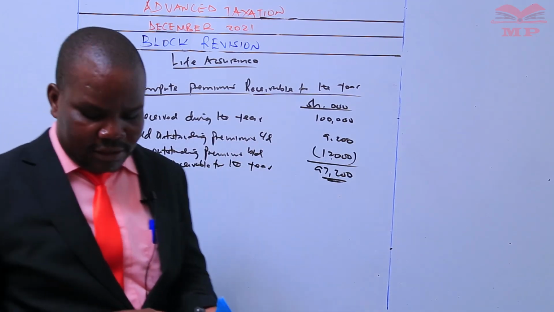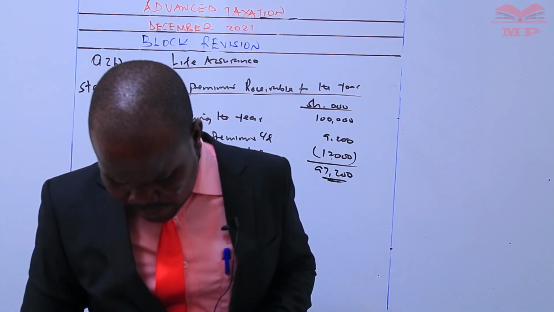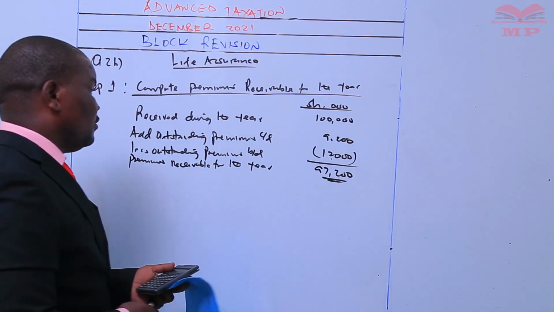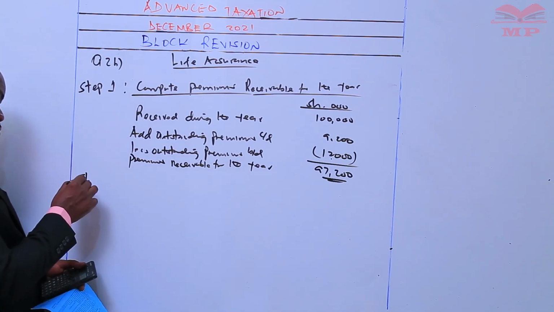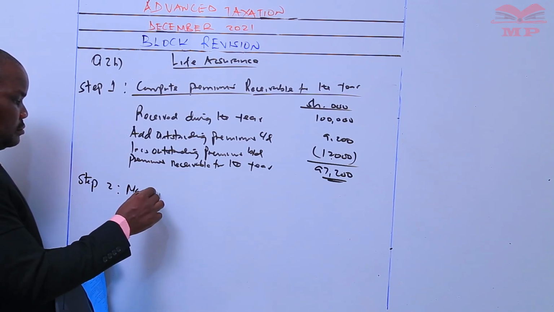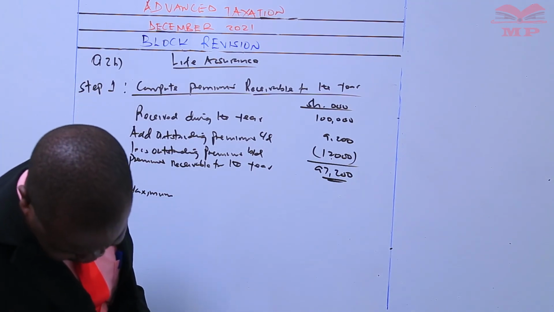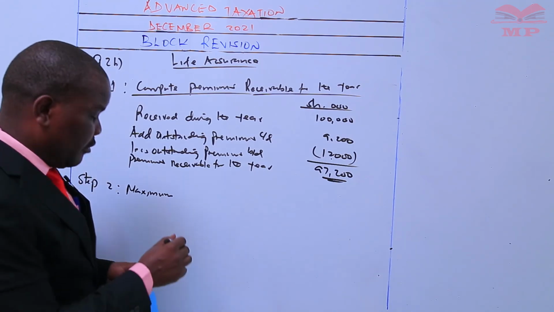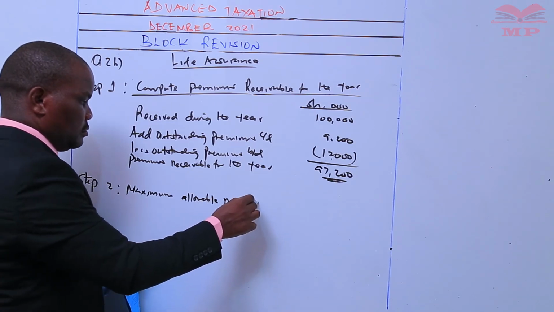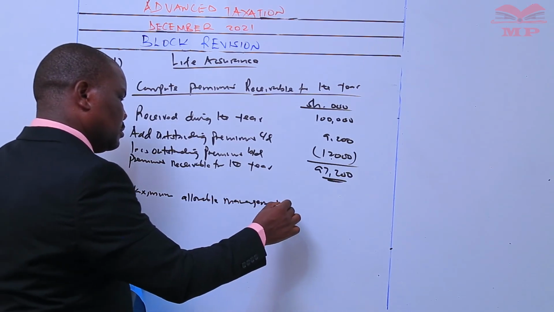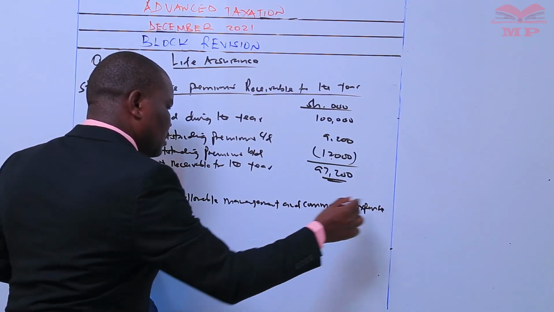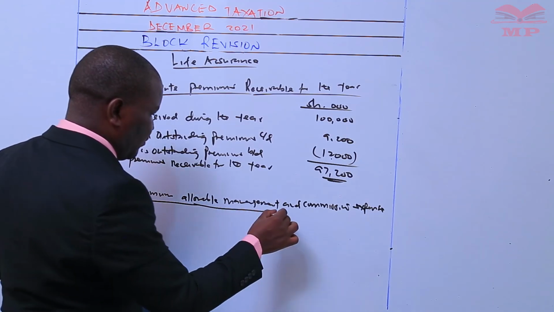That is step 1. Step 2 is to compute what we call maximum allowable management and commission expense. So I move to step 2. This is based on the premiums receivable during the year.